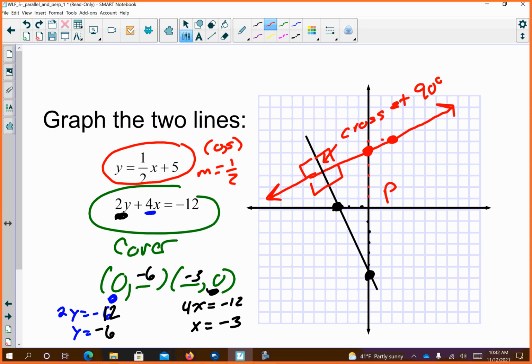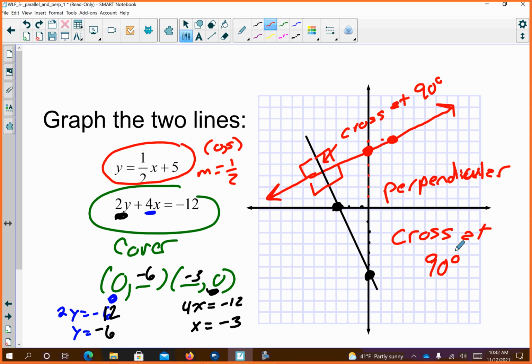This means these lines are perpendicular. Perpendicular, P-E-R-P-E-N-D-I-C-U-L-A-R. That means they cross at 90-degree angles. Okay?